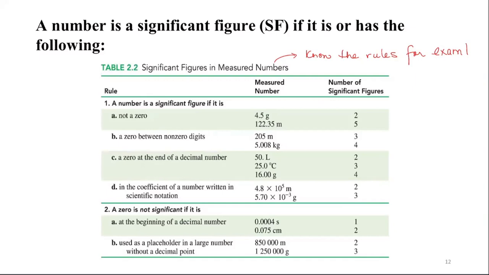If we look at rule 1A, it says a number is significant if it's not a zero. That's what we know in chemistry as non-zero digits.